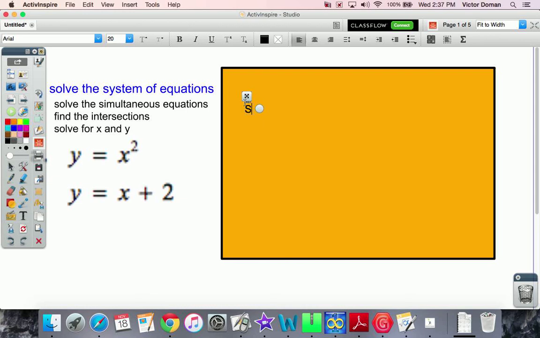All right, we had three methods. First one, we could solve by graphing. When we solve by graphing, we're going to graph both functions and find their intersection point. We solved by substitution. Solving by substitution, what we're going to do is we're going to find one of those variables in terms of the other, and then we're going to substitute it so that we only have one equation and one variable.